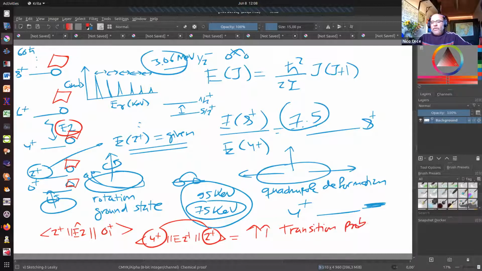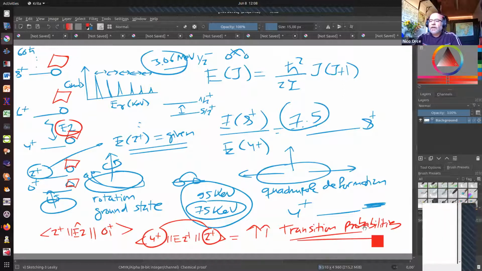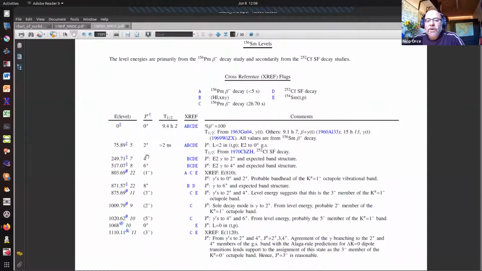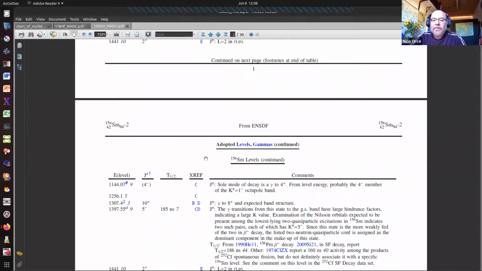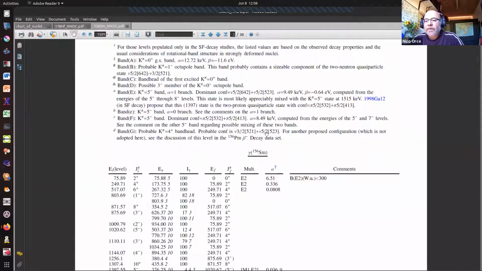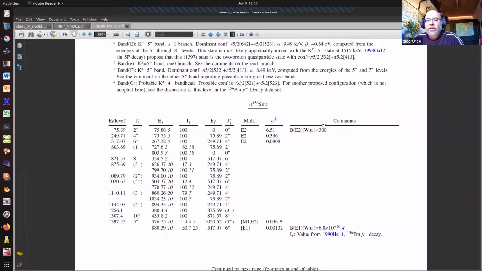And these are the things that we see here. This is going a little bit over what's important for us to see. We go down here, and we look at the gamma ray energies. We have values of 300 Weisskopf units. So these are very big.